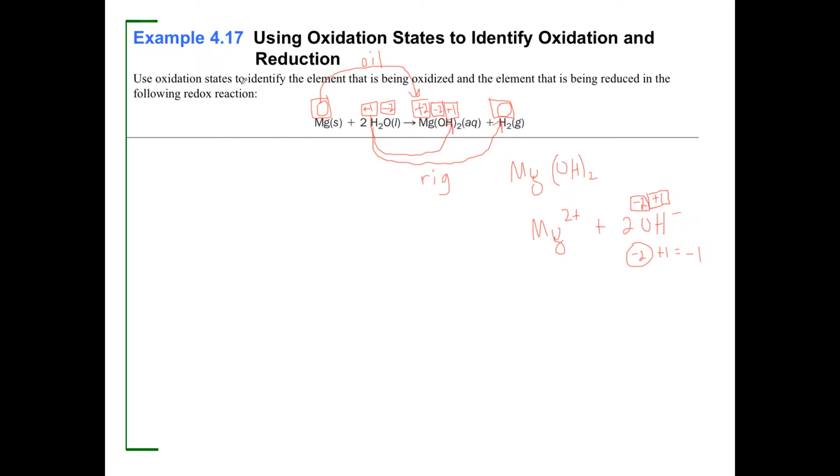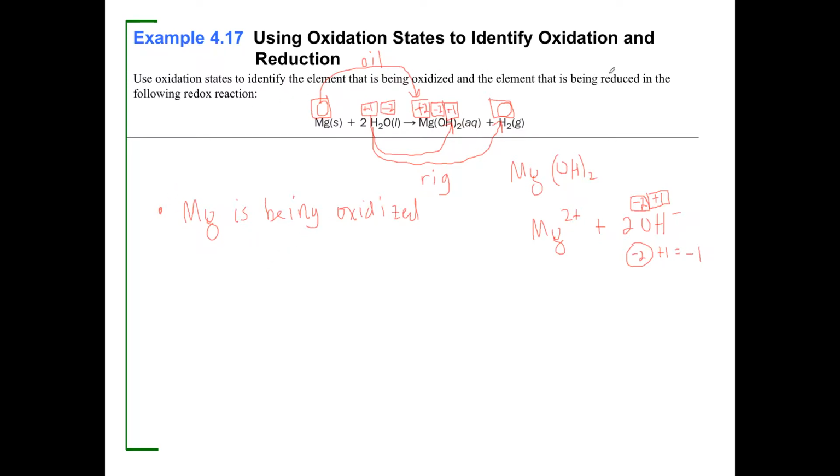Use oxidation states to identify the element that's being oxidized. Okay. Magnesium is being oxidized because it's losing electrons, right?